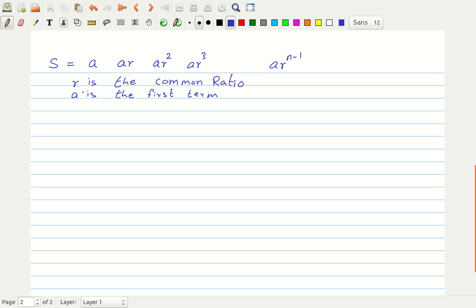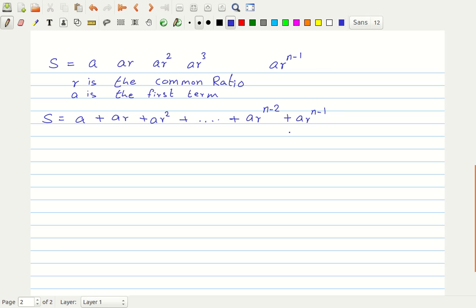Now, suppose we want to add this geometric progression. Let us say that our sum S is equal to A plus AR plus AR square plus, and so on, the n minus 1th term would be AR to the n minus 2 and the nth term would be AR to the n minus 1.